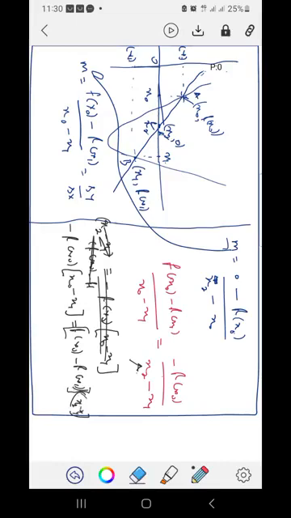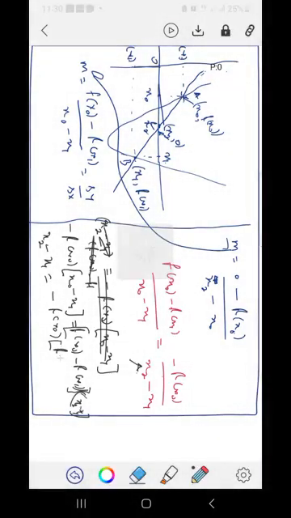Okay, so from here we know therefore that x2, don't forget that's what we are looking for, minus x1 is in fact minus fx naught times x naught minus x1.